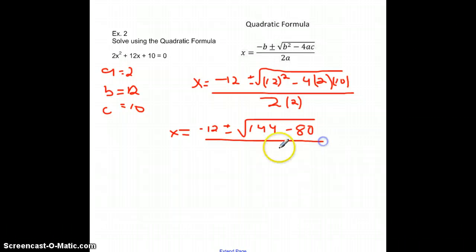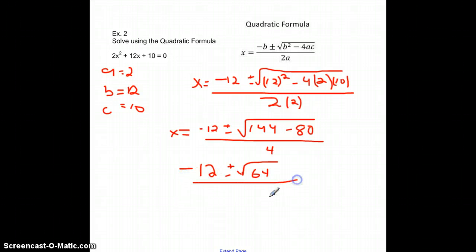And at the bottom we've got 4. So 144 minus 80 is going to give us 64. So we got the square root of 64. Sorry, I'm working a little backwards there. We got negative 12 plus or minus the square root of 64 over 4.